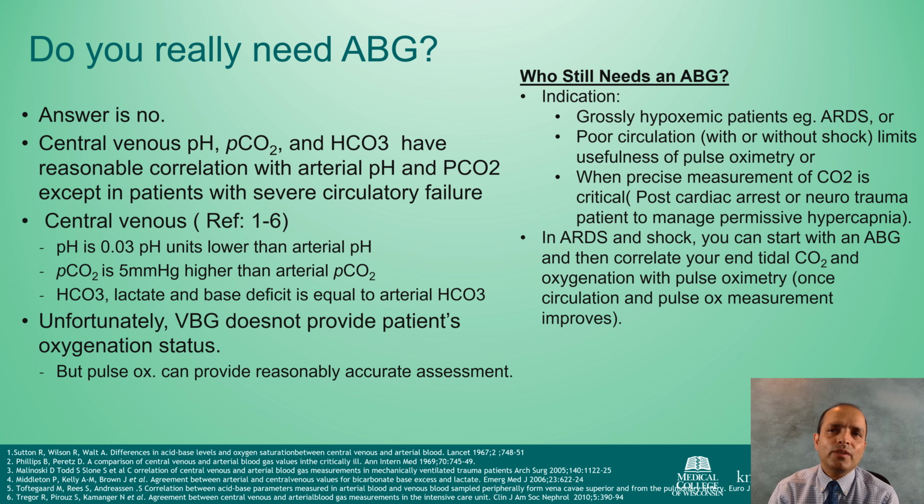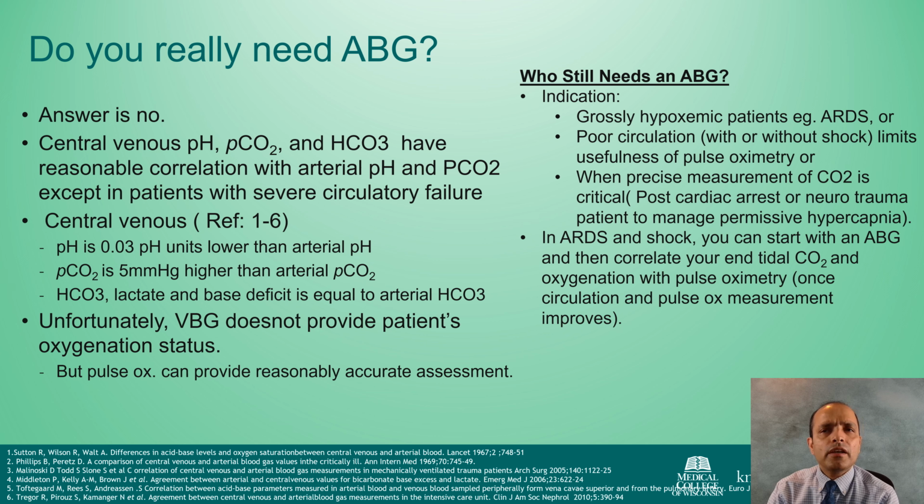is not useful. Also, in those people where you need to measure PCO2 very accurately, somebody who had a cardiac arrest or somebody who has a neurotrauma, where you are trying to manage permissive hypercapnia, in those circumstances you need to get an ABG.